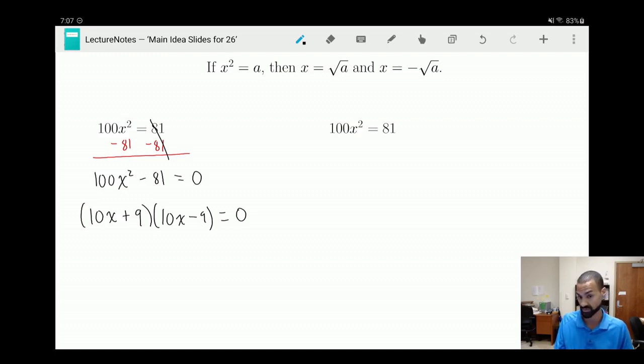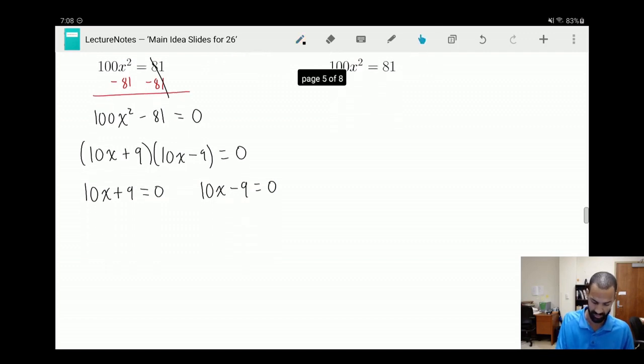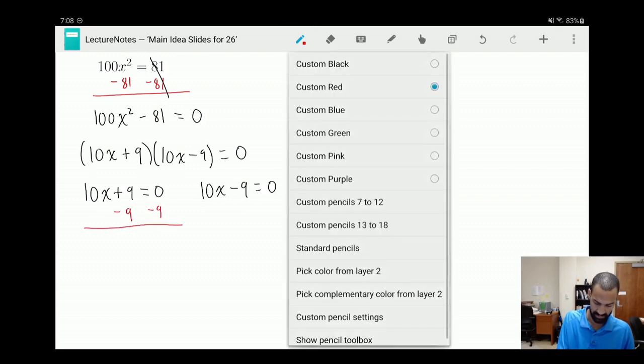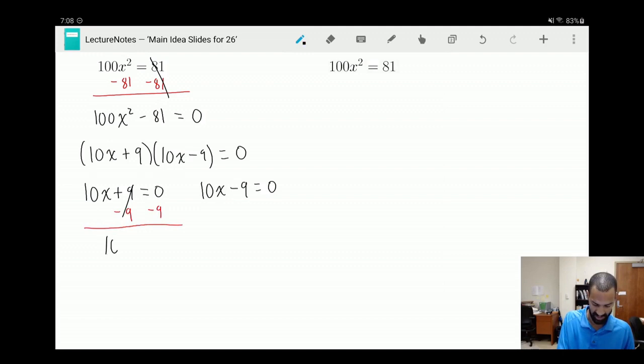Okay, so the zero product property now applies. I have something times something equals 0. 10x plus 9 equals 0. 10x minus 9 equals 0. Let's solve both of these. Subtract 9 from both sides. 0 minus 9 is negative 9.